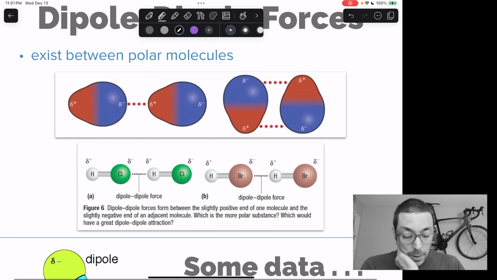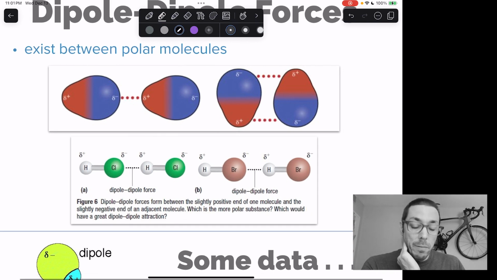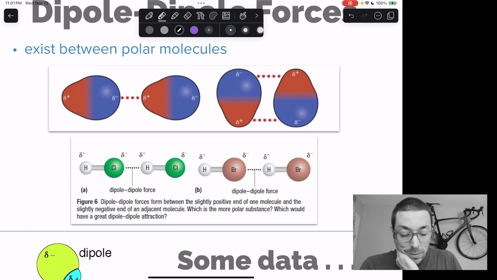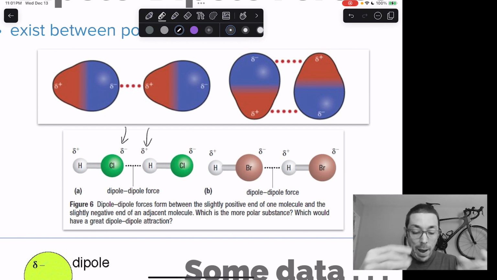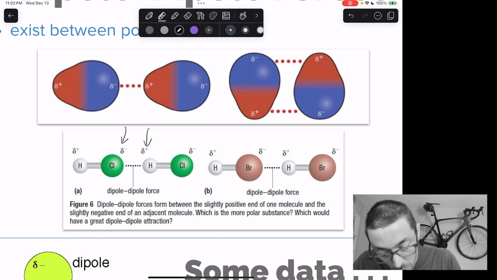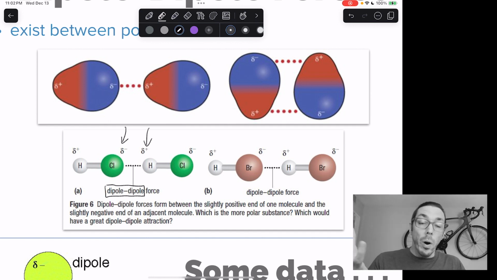And so these dipole-dipole forces, because of that permanent polarity, it's a much stronger attractive force between separate molecules. So HCl, chlorine is the more negative side and hydrogen is the more positive side. So opposite charges attract. And so you have this attractive force, which is called a dipole-dipole force, because one molecule is polar and the other is polar, and so dipole-dipole, 2 different molecules interacting.